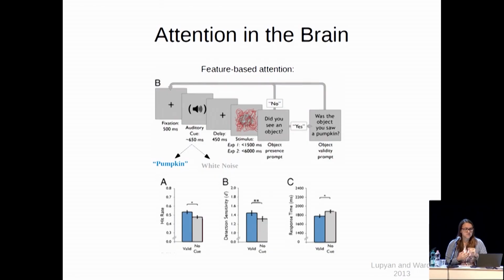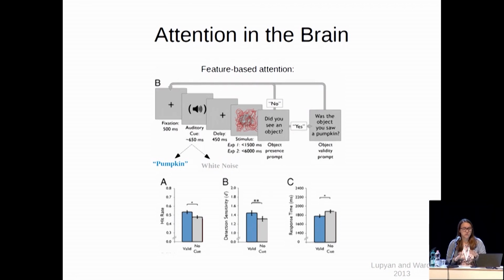Let me explain the experimental setup that can be used for feature attention. Usually there's the start of a trial, and then there will be some sort of cue given to the participant. In this case, these are human participants, and the cue they get is in the form of a word like pumpkin, or they might not get any cue.